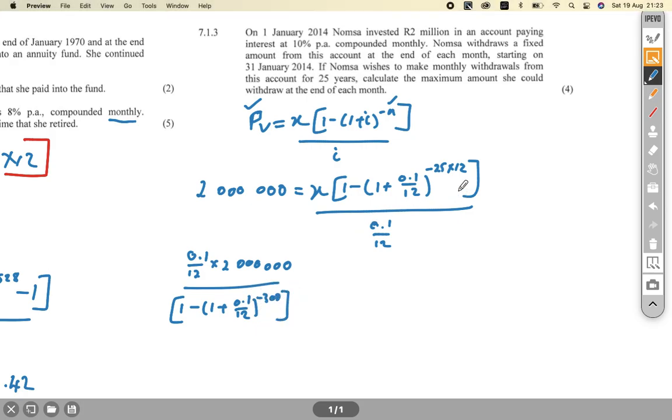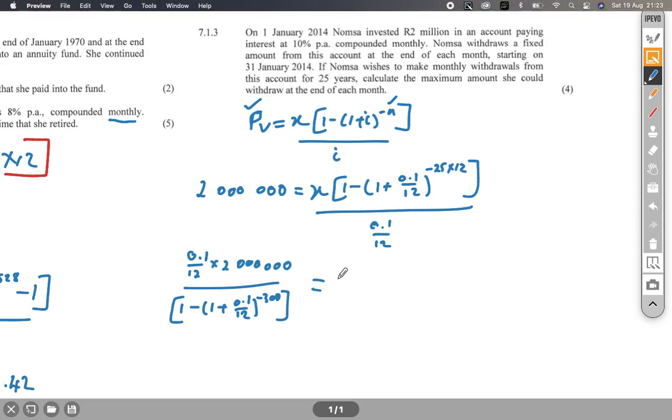And negative 25 times 12 should give you negative 300. And then our final for x should be 18,174.01.